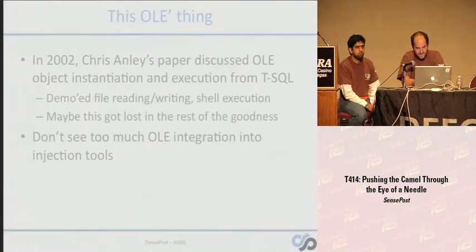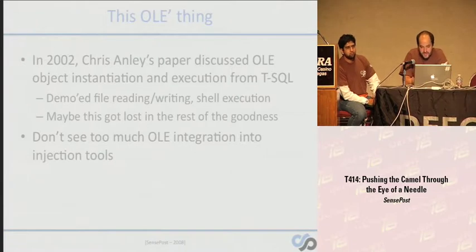But we'll talk about something that we think is pretty cool. So in 2002, which is now going on for 6 years, Chris Anley wrote an awesome injection paper. And in it, he discussed OLE objects and their use in injection strings. And what he found was it was possible to read and write files, execute commands, and all of that cool stuff that we're used to doing in injection, but without using the interface that most injection tools use.